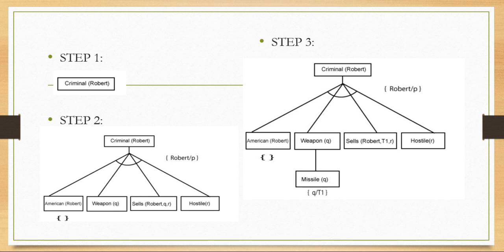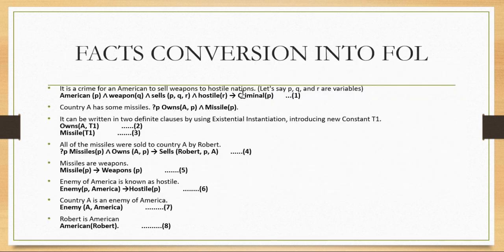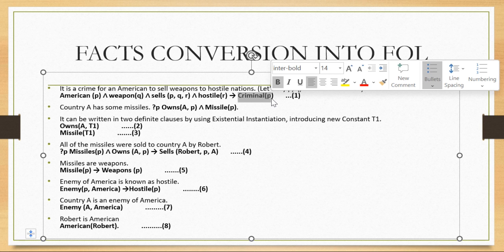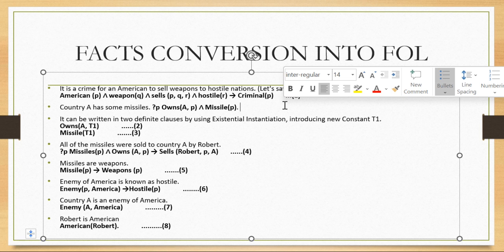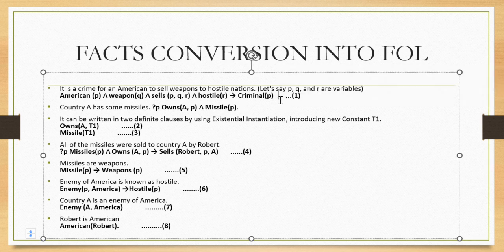Here we have to check the right-hand side. This is backward chaining, right? So right to left. We have to check the FOL statements on the right-hand side for Criminal(Robert), or it may be something using variables. You don't need to go for variables; you can use P as Robert. So is there anything like Criminal(Robert) on the right-hand side? Yes, we have Criminal(P), so make P as Robert.